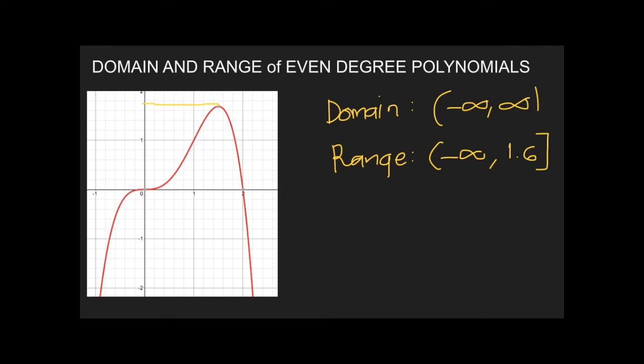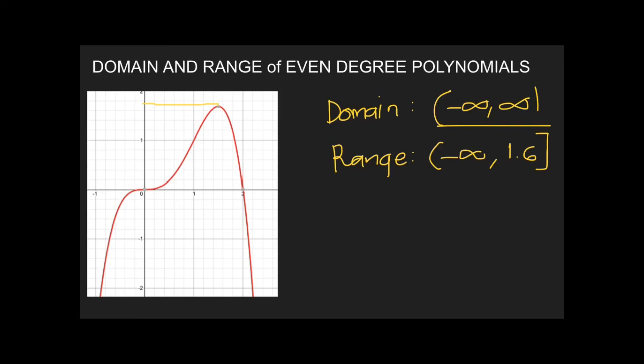Take note closely of what happened here. Our domain is the same, negative infinity, positive infinity, no restrictions left and right, but our range is different. From the bottom, we are using every y value, and when we move up, our last y value is 1.6. It's only an approximation, but if you're using your Desmos calculator, you can find the exact value for y to put there.